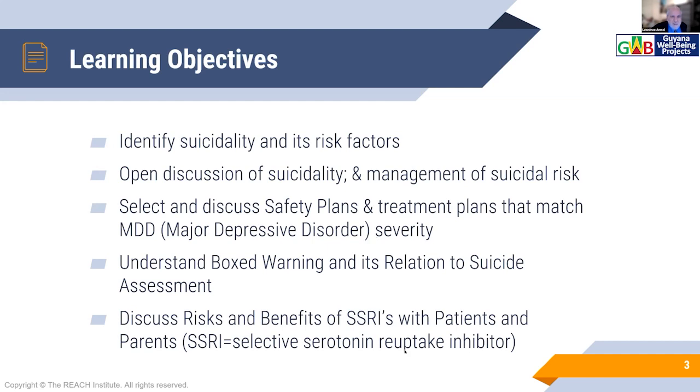We want to understand the boxed warnings that have come out in regard to SSRIs, which many clinicians are familiar with. And we want to discuss the risks and benefits of antidepressants. Do they increase suicidality? Do they decrease suicidality? It's been quite confusing in the general press regarding those kinds of issues.